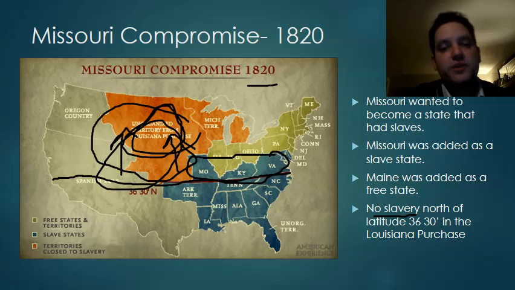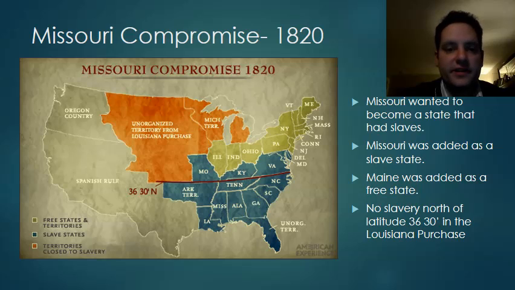Now, could you potentially have slavery in Texas? Because look, where's Texas? Texas is right here. Yep. So according to this line, maybe eventually you could. But we'll get into that a little bit later. So that's the first slide. So now click on the next slide and it should be Nat Turner's Rebellion.